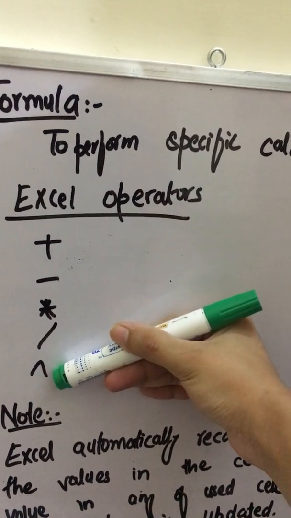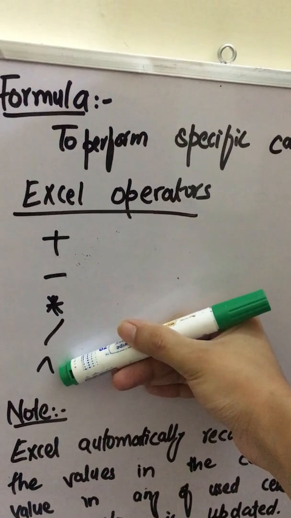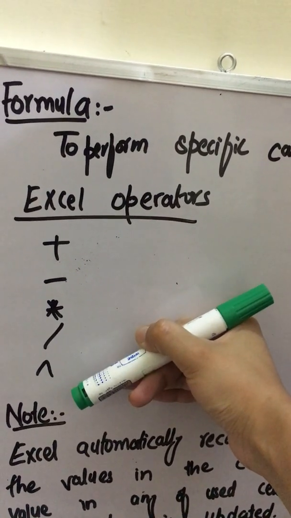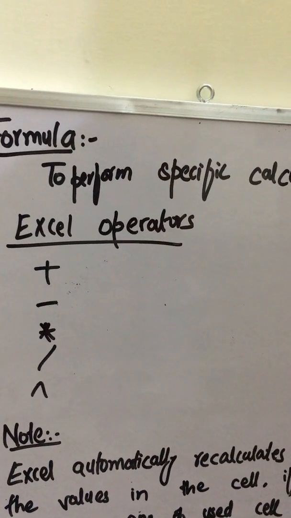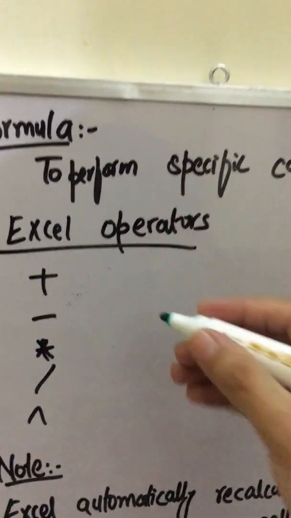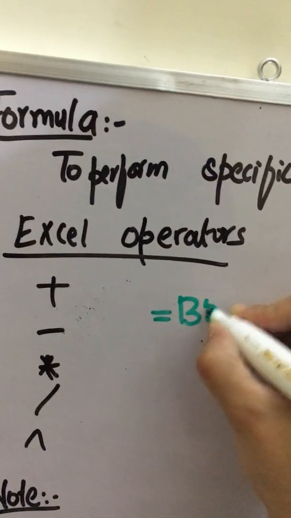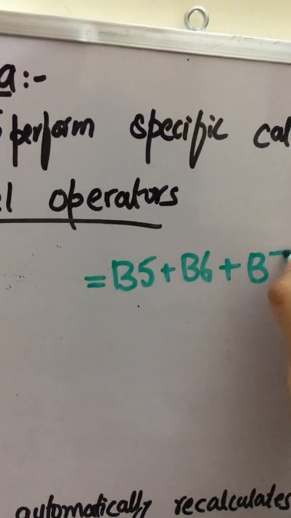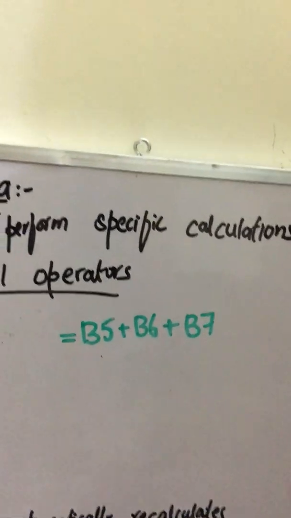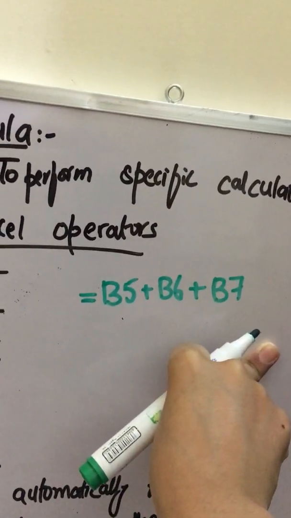So how can you put the formula? You first click the cell where the answer will appear, then type the formula. For example, if I want to find the addition of some cells, then I put the addresses, for example equals to B5 plus B6 plus B7. This would be considered as my formula.